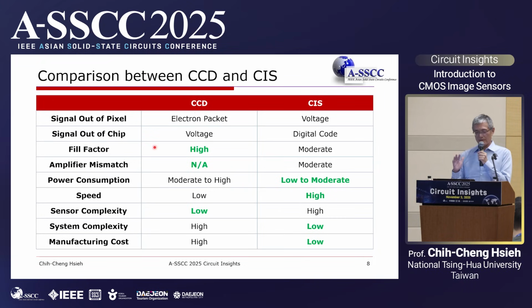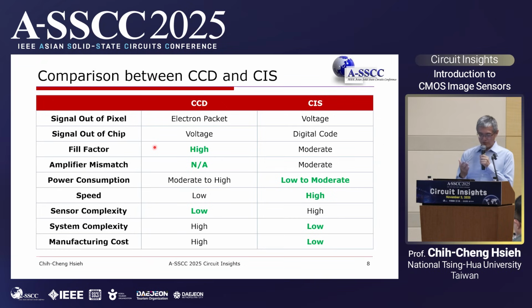But as I mentioned, the CMOS image sensor has dominated the market because of the mentioned benefits, including high integration and low cost, and most importantly, the achievable imaging performance has become comparable to CCD.